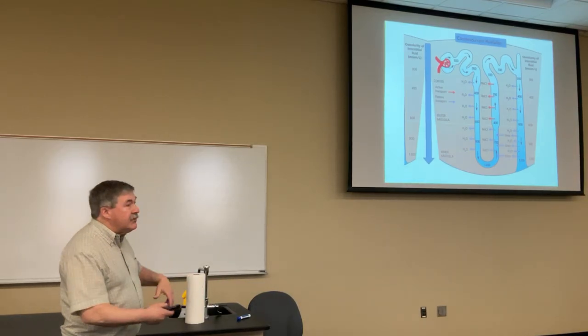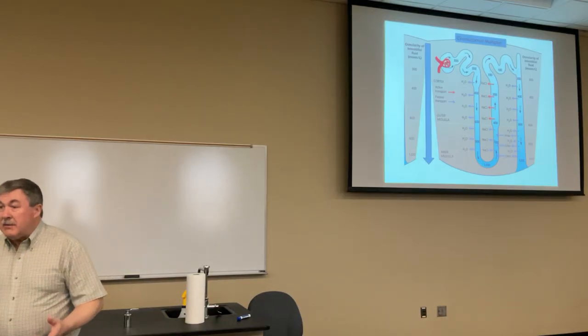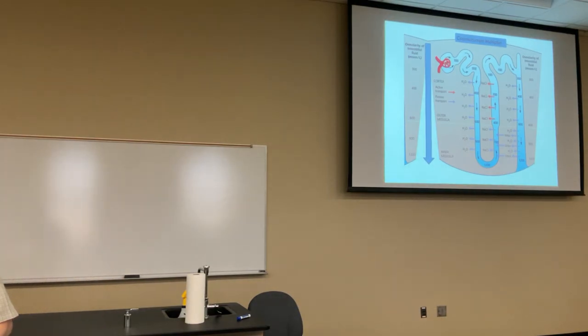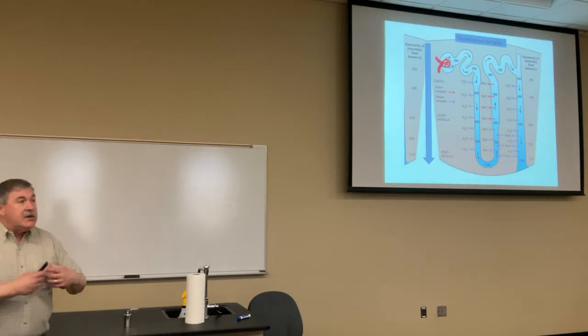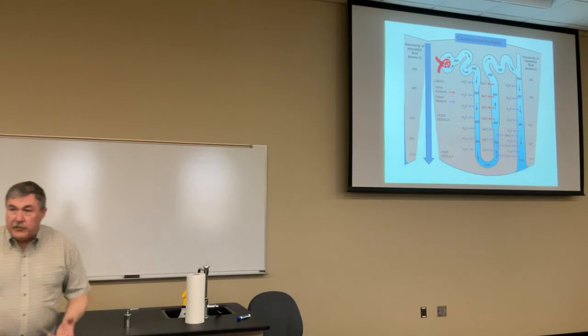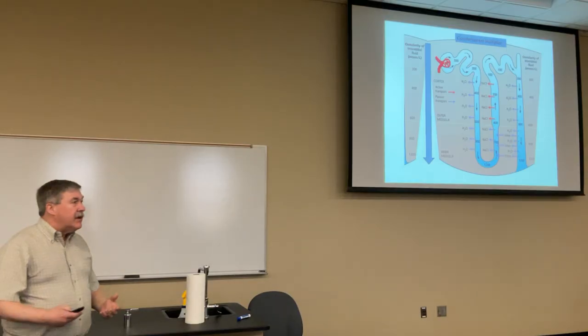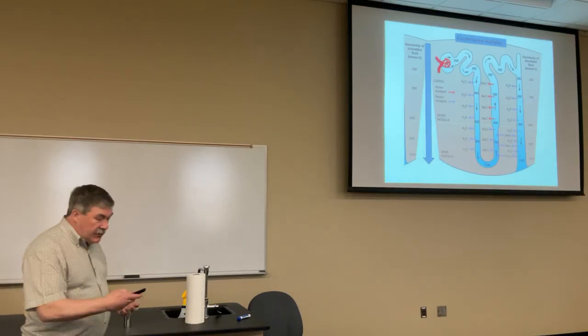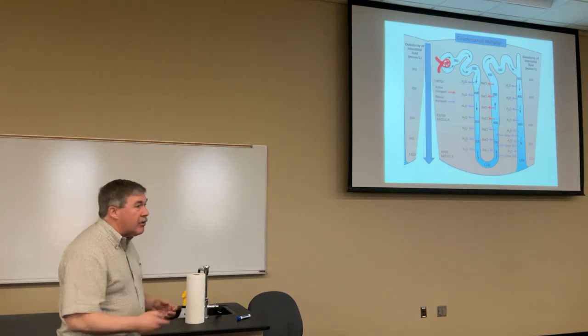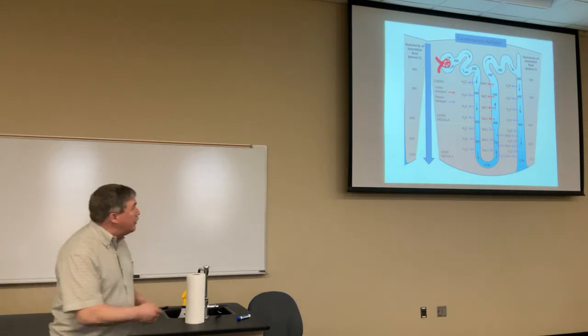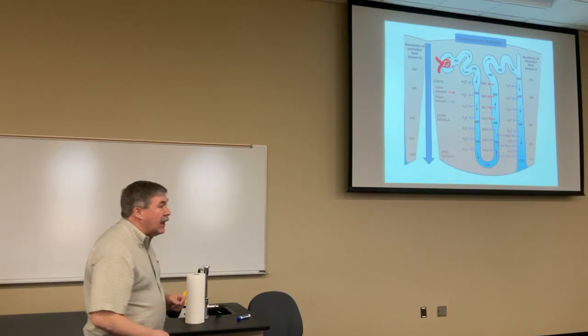But that leaves another 20% still remaining in the filtrate in the distal convoluted tubule. And if we lost all of that 20% of fluid, that would amount to a significant fluid loss. And so there's additional reabsorption that can occur in the distal convoluted tubule and also in the collecting ducts.